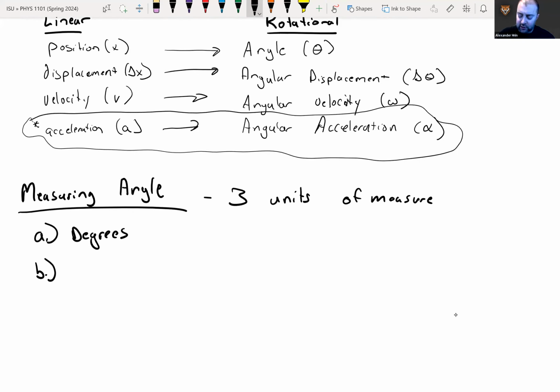The second one is revolutions. I think it can be common, particularly in real world situations, but I tend to think it's the most intuitive. Basically, it's the number of full circles traveled. When you're talking about the number of revolutions, you're talking about the number of full circles traveled in a given path.